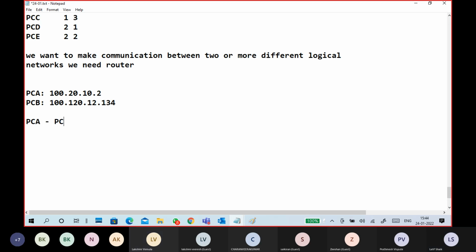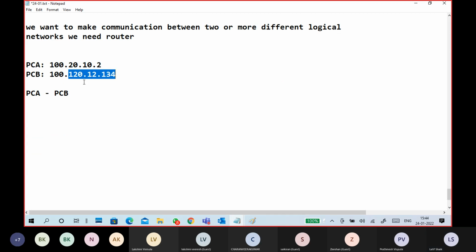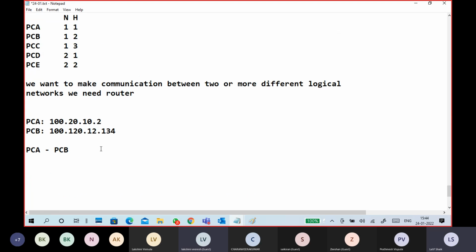Yes, sir. How? Because both are class A and the network portion is the same. These are all host portions. You can see the network portion is only the first octet, and the first octet is the same.